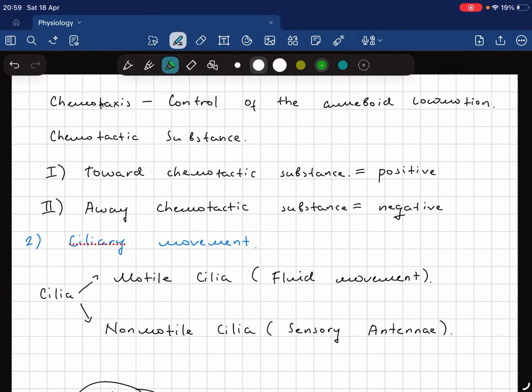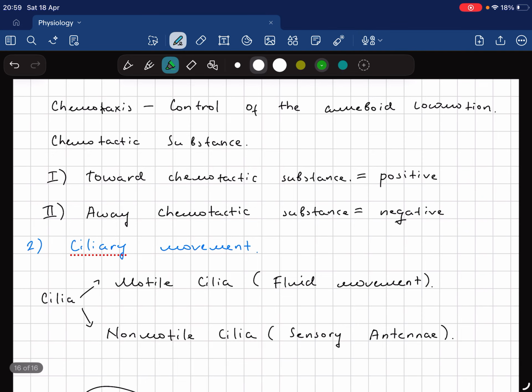So how does the cell decide where to go, right? We can control amoeboid locomotion by chemotaxis, which is the process of control of amoeboid locomotion.